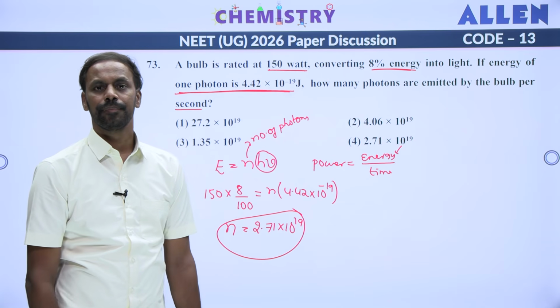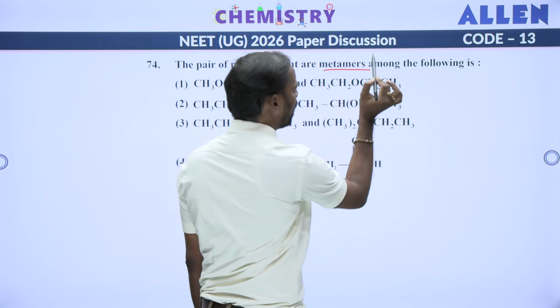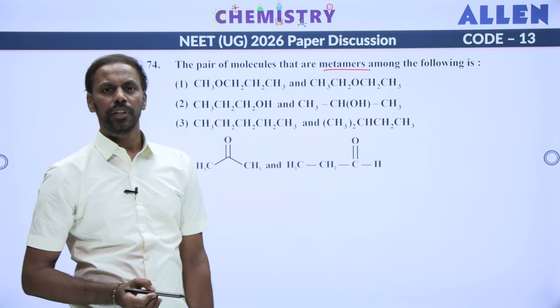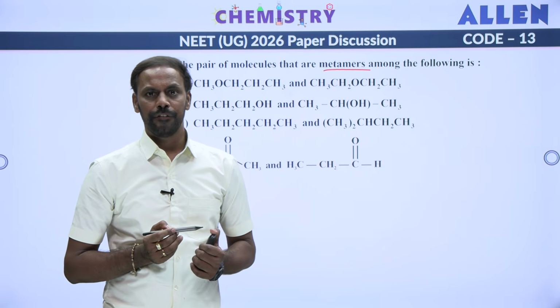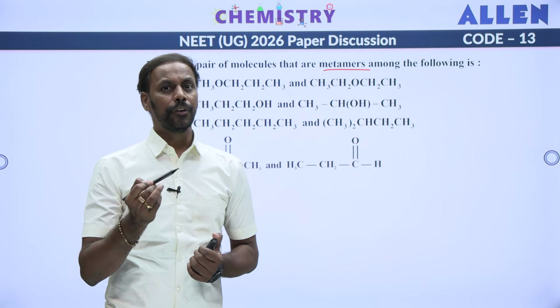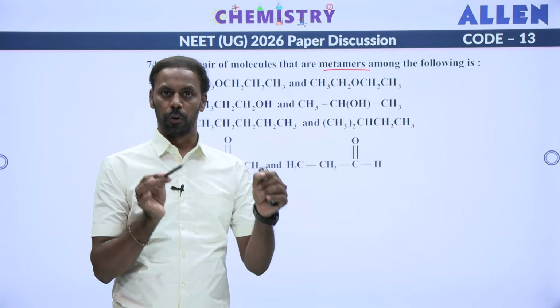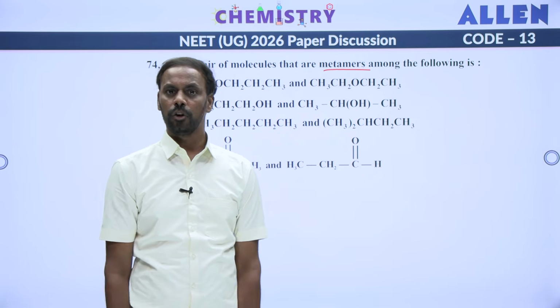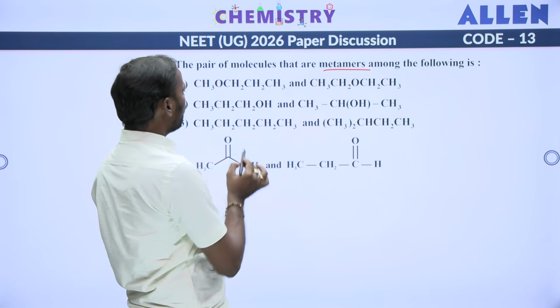Is it clear? Next, the pair of molecules that are metamers, they are asking. So as we know, metamers should have the same molecular formula, the same polyvalent functional group, but only differ in the connectivity of the group, maybe alkyl or aryl group attached to the same functional group. In this one you can see ether is given.